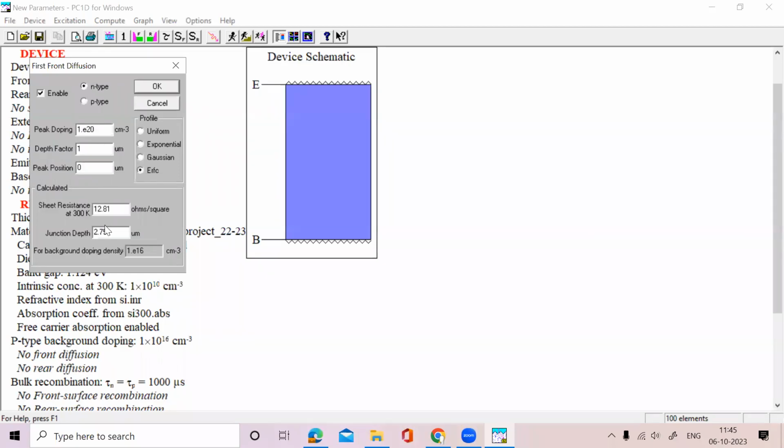And one thing you should do, you don't need to change anything else. Just in the sheet resistance, you have to give 50 ohm.